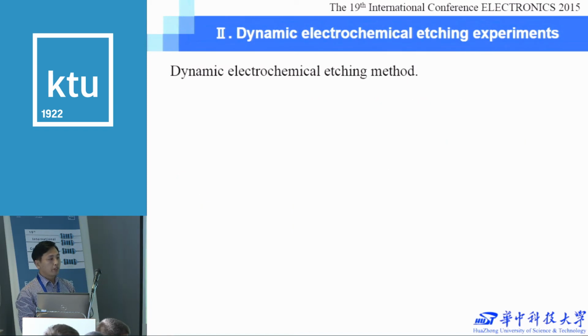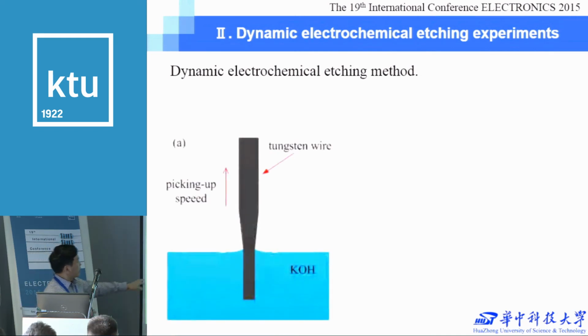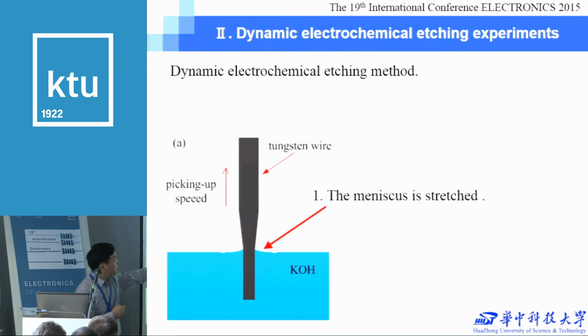So we propose a dynamic electrochemical etching method to fabricate the probe wire. How do we do this? We give the tungsten wire a picking up speed when it is immersed in the solution.